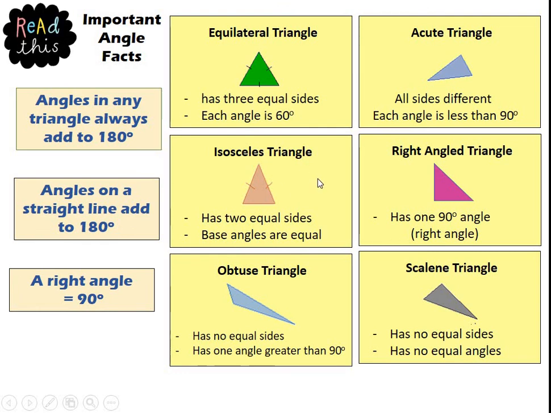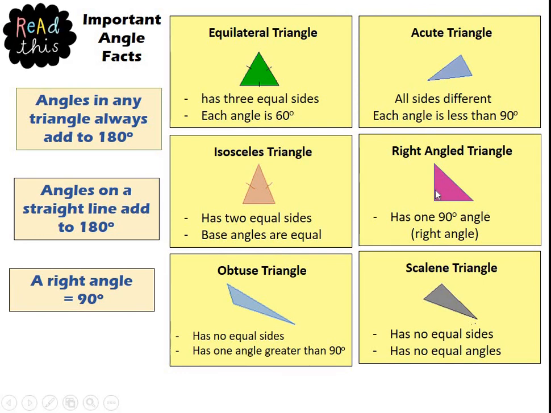An isosceles triangle is quite a common triangle that you will find in questions and is easily recognized by these two markings. The angles beneath those markings will be equal. We call this base angles on an isosceles triangle are equal.